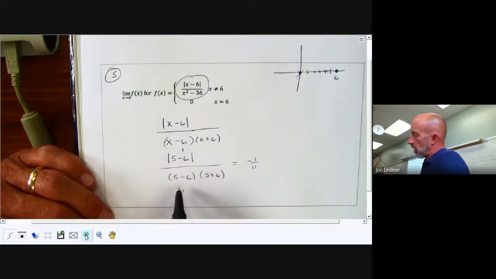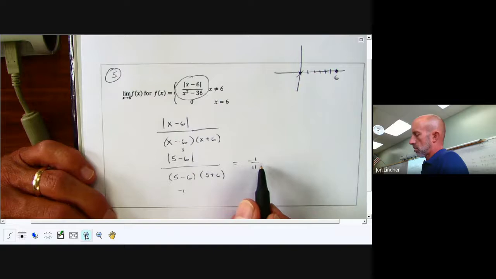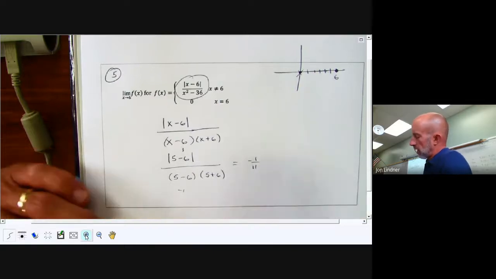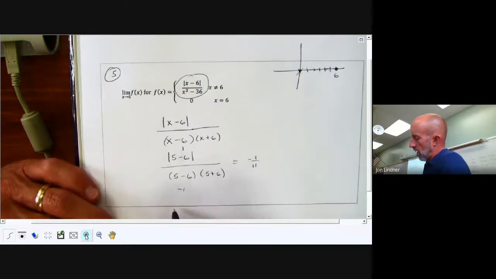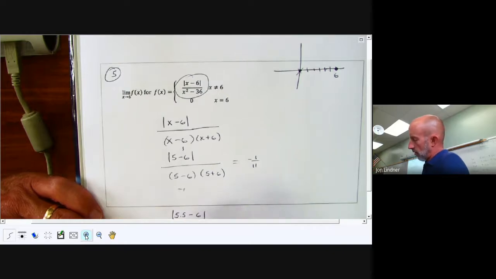And if I were to pick a number even closer, it's going to become an even smaller fraction. All right. Like let's say that I were to do 5.5. If I were to do 5.5 minus 6 over 5.5 minus 6, and this is 5.5 plus 6. This part here is still negative 1.